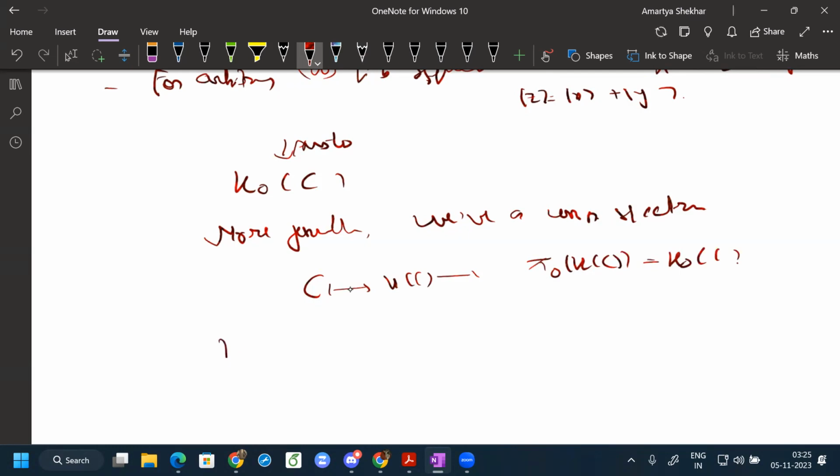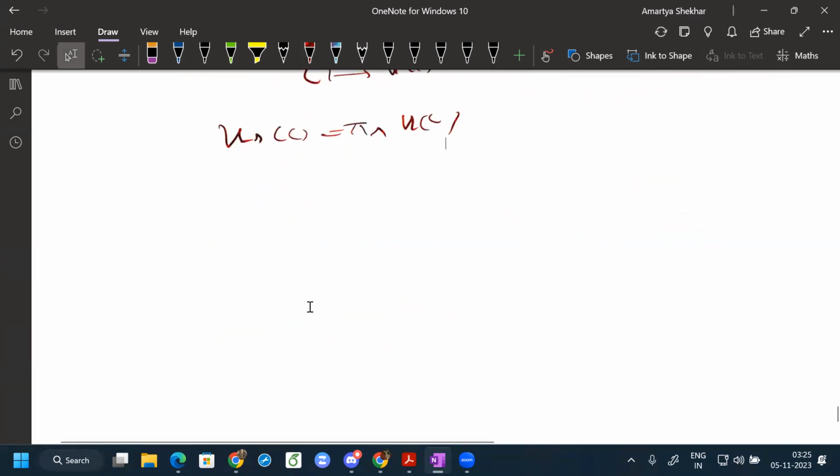And then you can, of course, define higher groups, K_n of C. So this is actually Waldhausen K-theory. Now, for an abelian category, let's see how we can get our construction for topological K-theory using this definition.